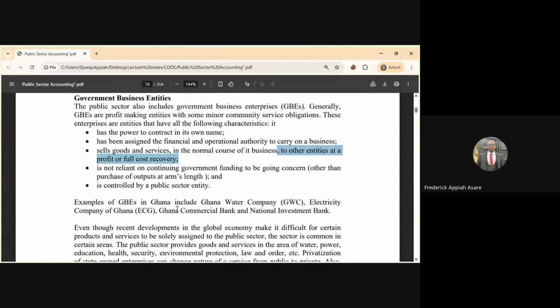When you go to GCB, you realize that when you have money there, they even deduct some money from your account. That is Ghana Commercial Bank. You have NIB, they also do business for profit. So they sell goods and render services in the normal course of their business to other entities at a profit or full cost recovery.